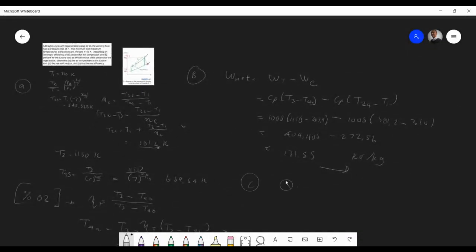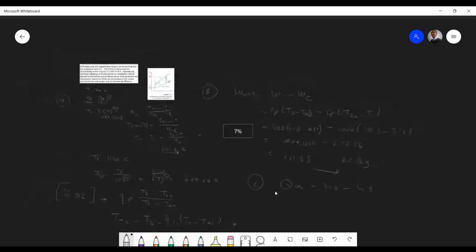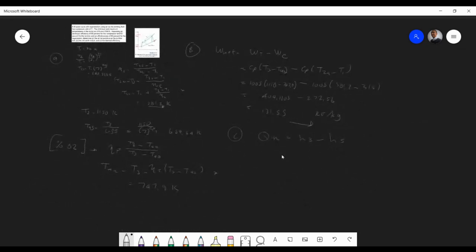Remember, when we add a regenerator, our Q in has now become H3 minus H5. You'll see how much was saved. Obviously, we need to find H5, and if you remember, our effectiveness is equal to T5 minus T2A, divided by T4A minus T2A.